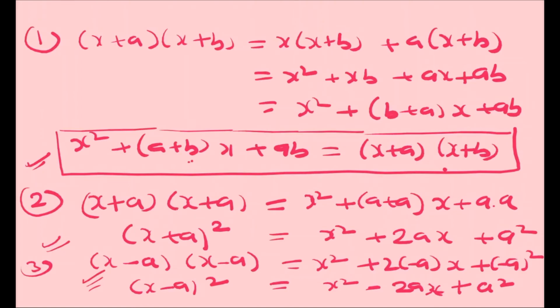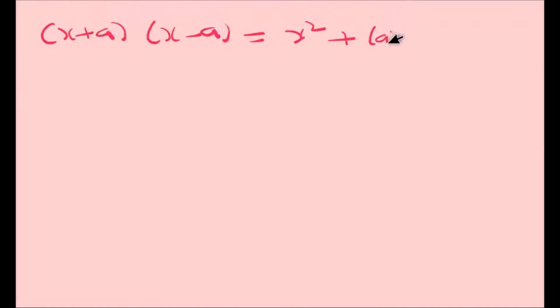Now what happens if only b is minus? Then we can use the next identity. If it is x plus a and x minus a, it means only b is minus, so we can write a plus minus a, x plus a into minus a.